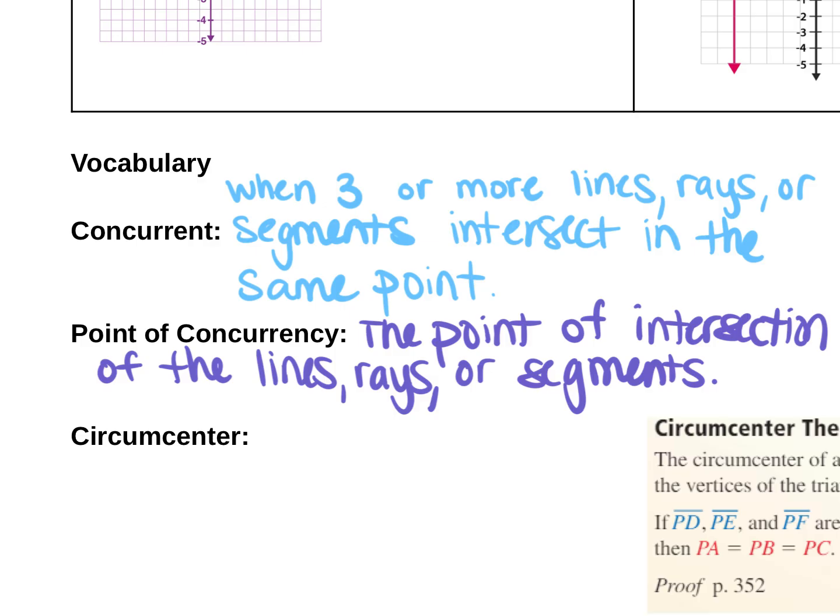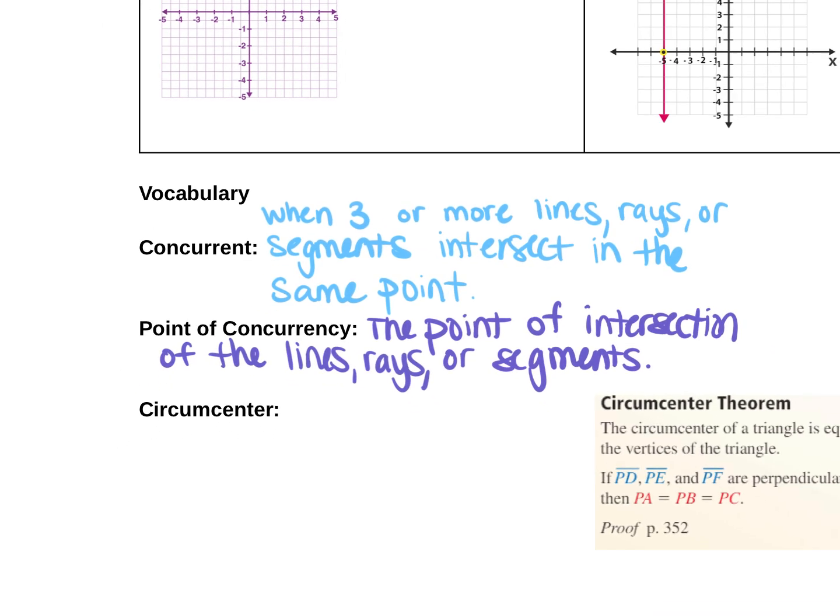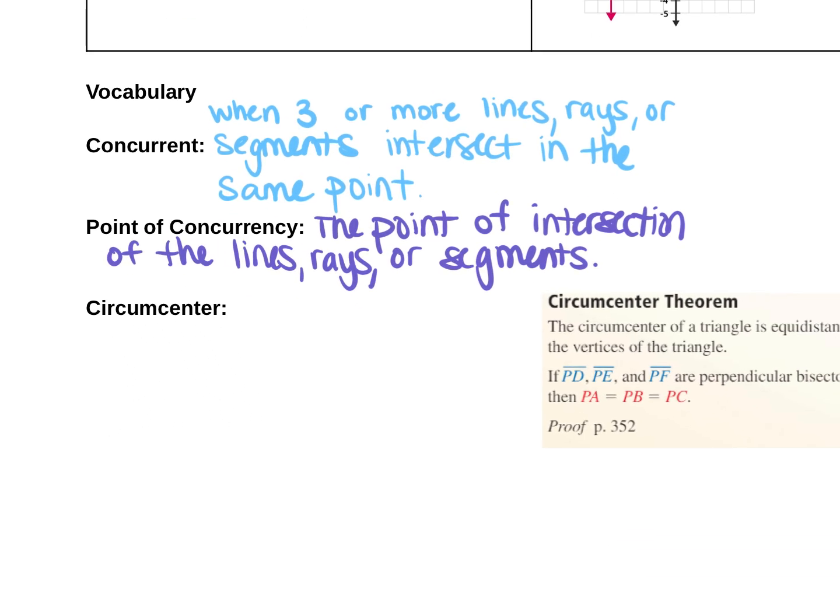So then that brings us to circumcenter, okay? A circumcenter is kind of a combination of that. So last section, we learned about perpendicular bisectors, right? And that was just with a segment. A triangle has how many segments? 3 segments. So the intersection of all of the perpendicular bisectors is called the circumcenter.